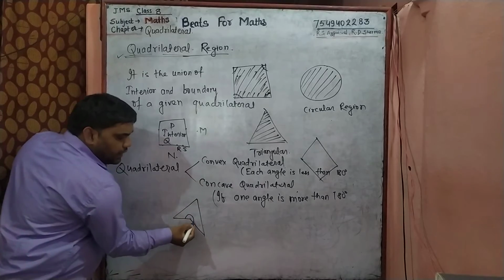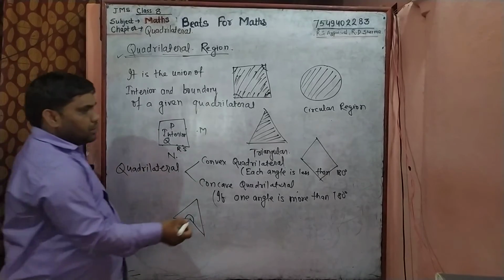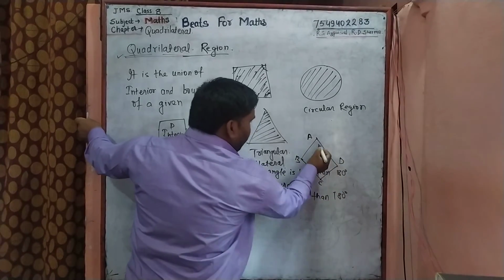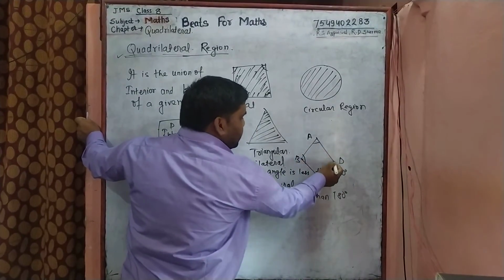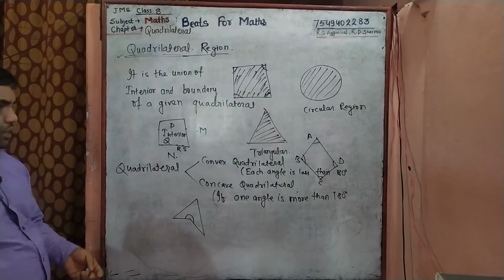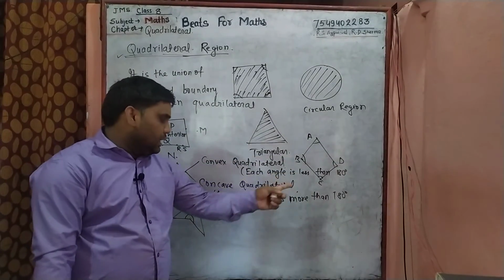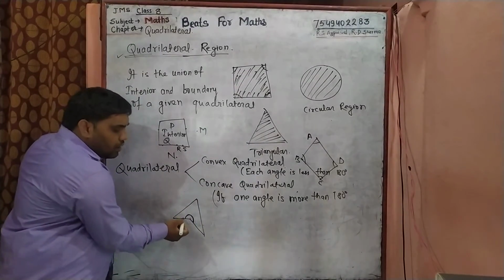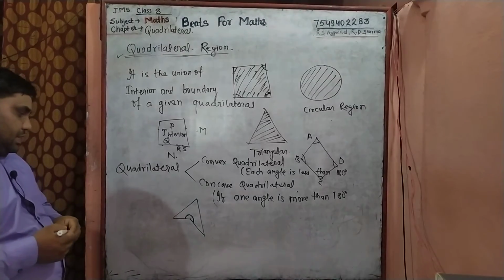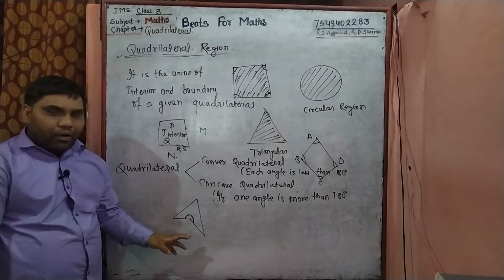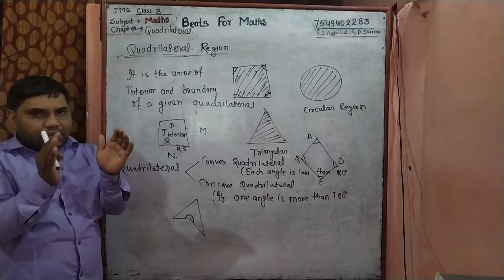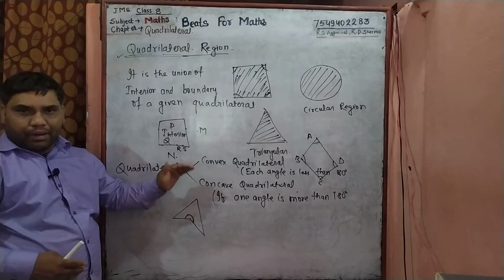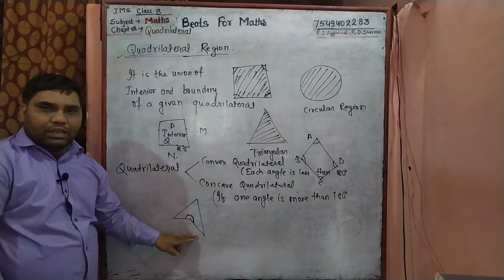Here this angle is greater than 180 degrees. Here A, B, C, D, in this quadrilateral, all the interior angles are less than 180 degrees. So this is a convex quadrilateral, and concave means at least one angle is more than 180 degrees. See, this is why it is concave. It looks like a cave. Now inside, one vertex is inward, so it looks like a cave.